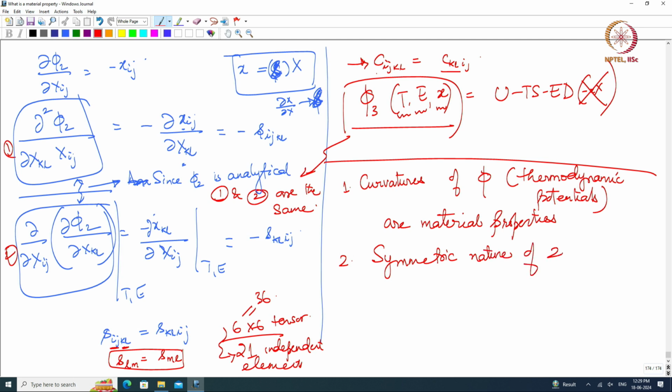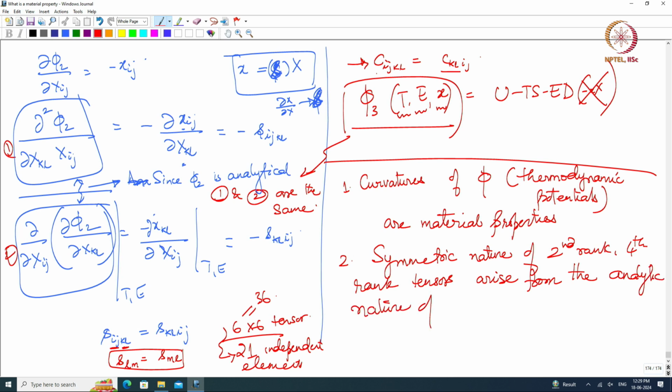of second rank, fourth rank tensors arises from the analytic nature of phi. Okay. That epsilon is a symmetric tensor is just a mathematical fact.